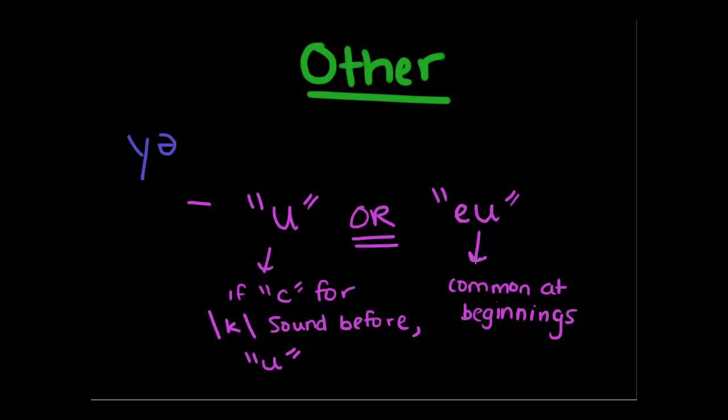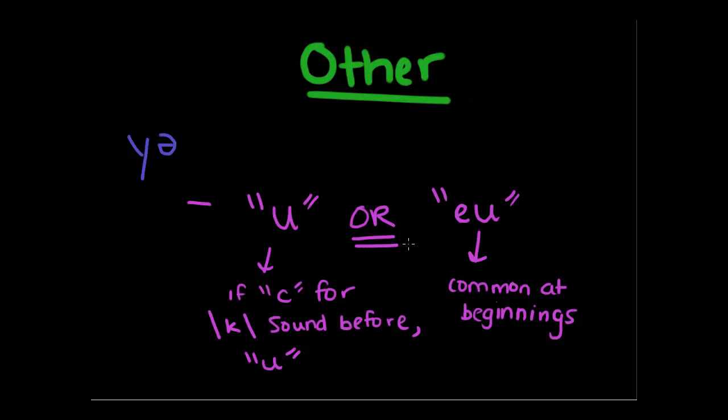It can't be an EU because that would make the C soft. And we can't have a soft C representing the hard K sound. It's not right. So if you have the C representing the K sound and you know it's spelled with the C, you should use a U because it can't be an EU. No way at all. So that's one way to figure out U or EU. If there's a C in there, that can help you.